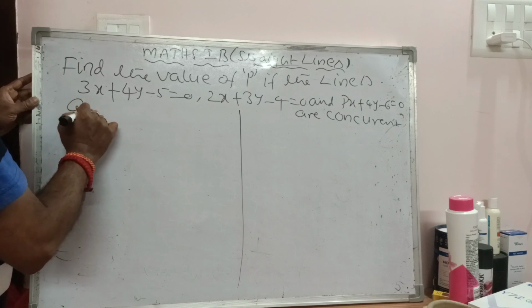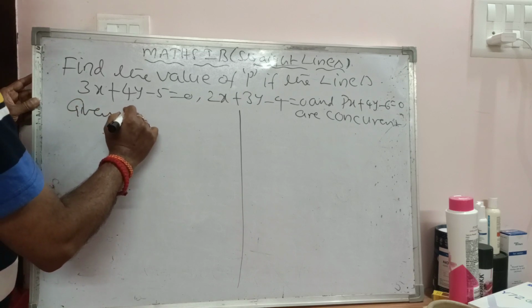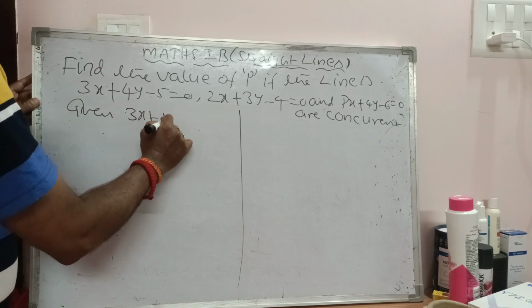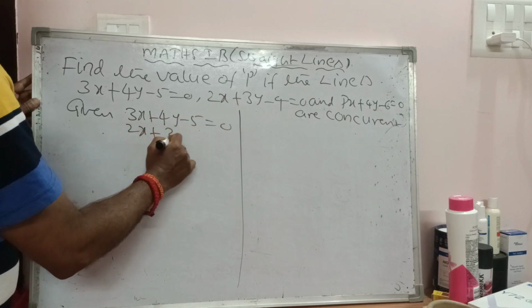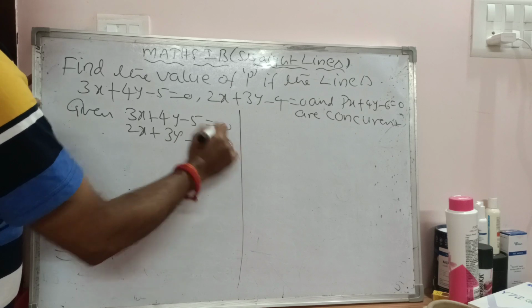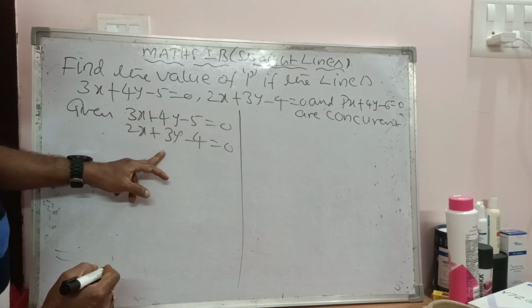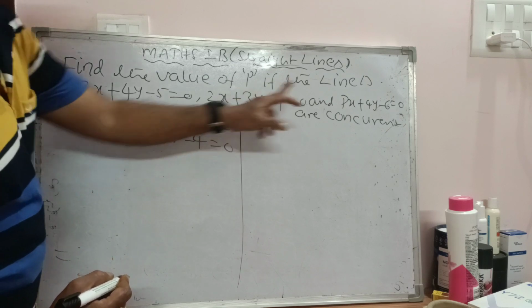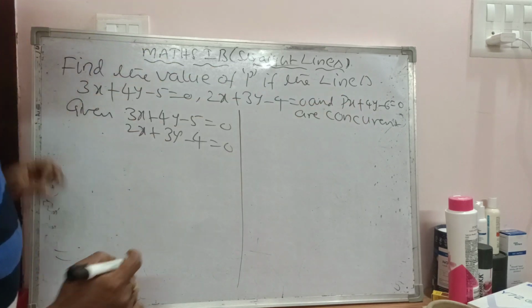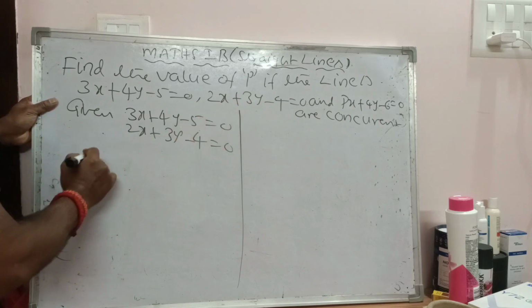The given lines are 3x plus 4y minus 5 is equal to 0, 2x plus 3y minus 4 is equal to 0. Let us solve these two equations, and the point of intersection obtained will be substituted in the third equation so as to get the value of p, because these three lines are concurrent.